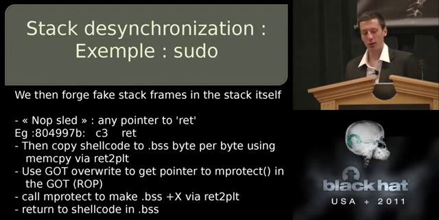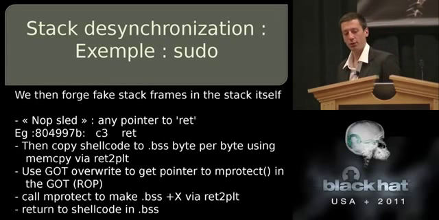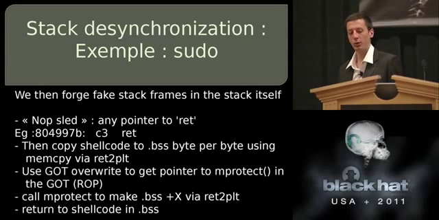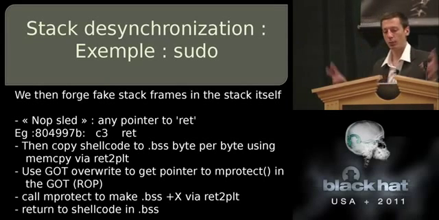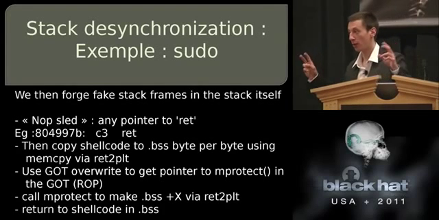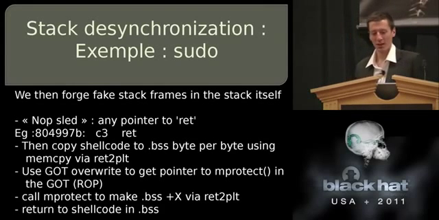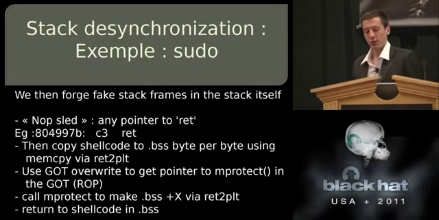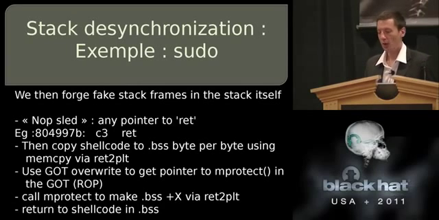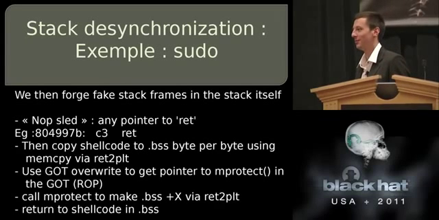So this is a way to introduce mprotect inside the GOT. Anyway, after that we go back to ret to PLT, and when I say call mprotect, we actually call the slot of printf. This allows us to change the memory permissions on the BSS, and then we just return to our shellcode.